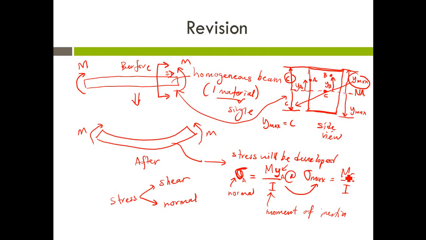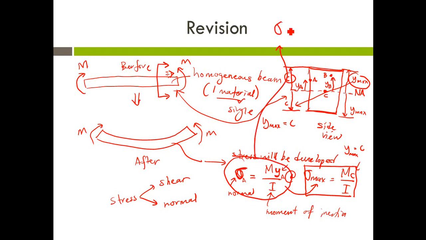At sigma maximum, y max is equal to c. That's why we can write this equation. So sigma is equal to My over I. This is what we call the flexural formula.